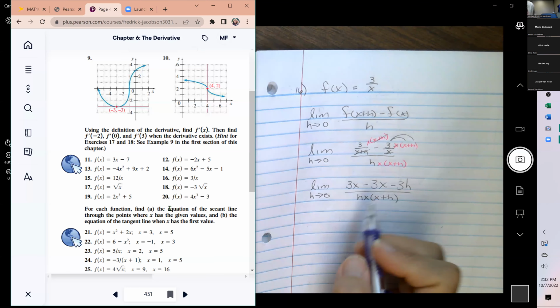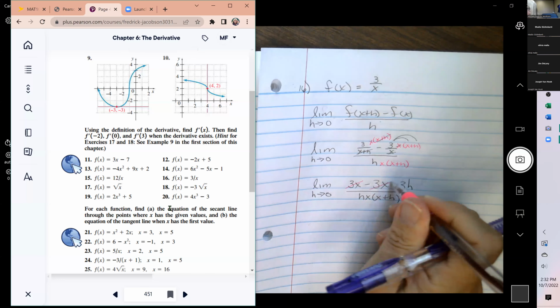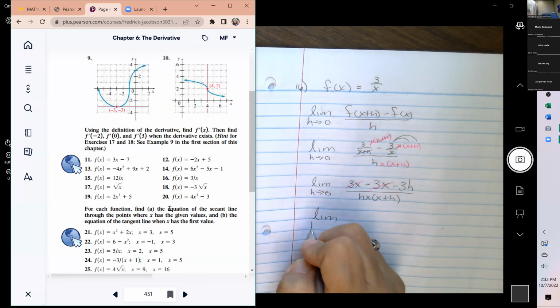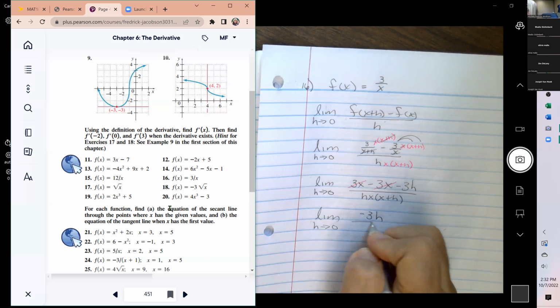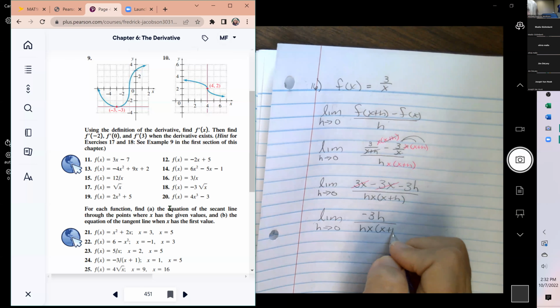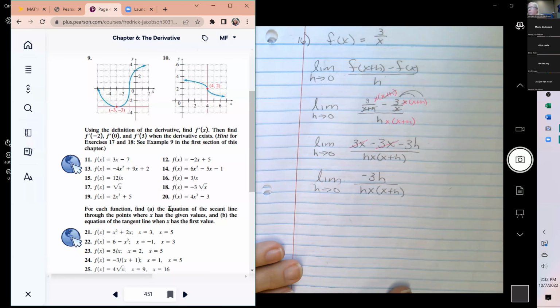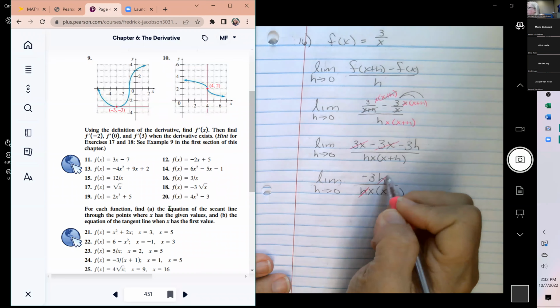Okay. The 3x's cancel. Now, since this is one term on top and one on the bottom, this h can cancel with this one.